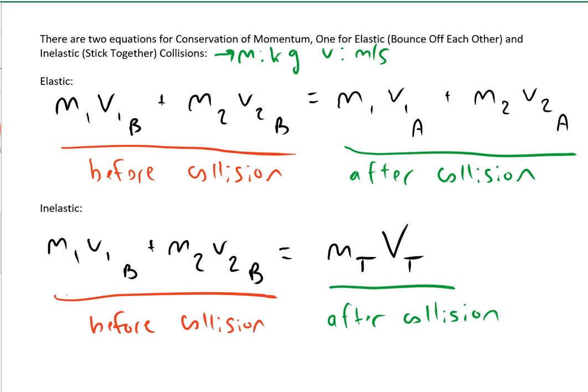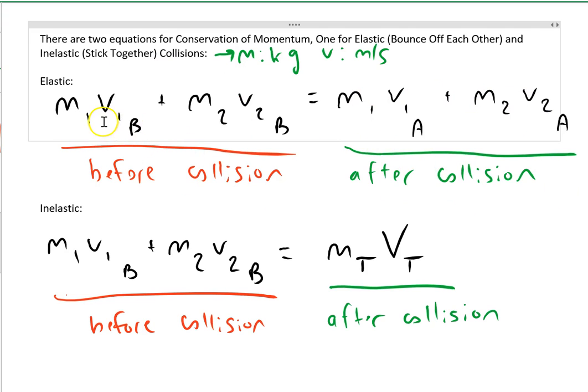So use this to try and figure out how to label our variables. Then with an elastic collision, we have everything before they collide and everything after they collide. That's really important. You've got to be able to tell what part of the problem is before and which part is after. So on this side it's before the collision, this side it's after the collision.